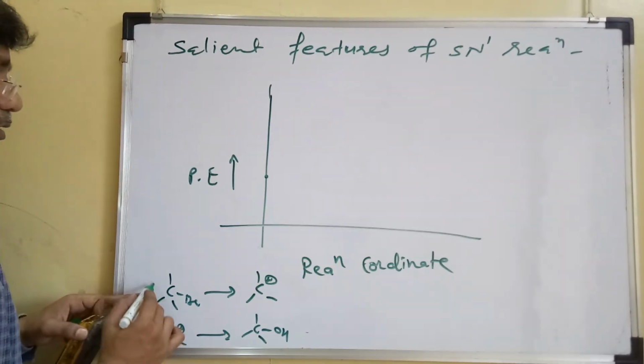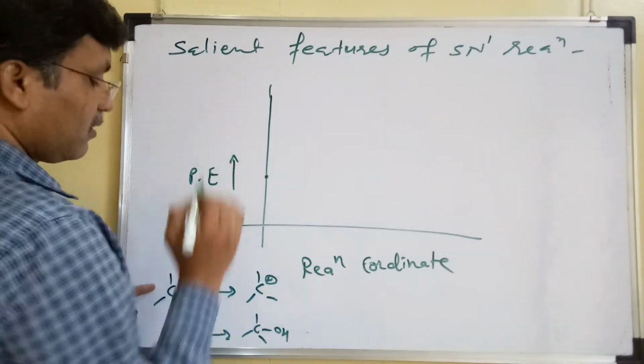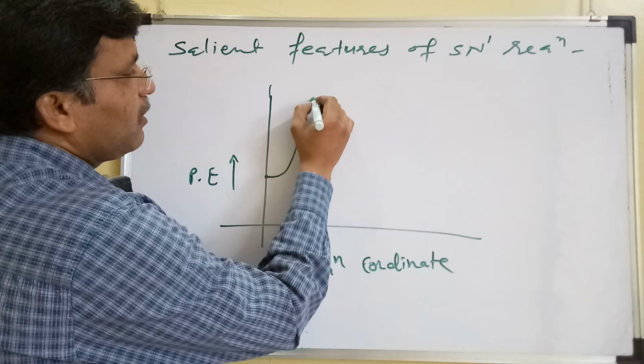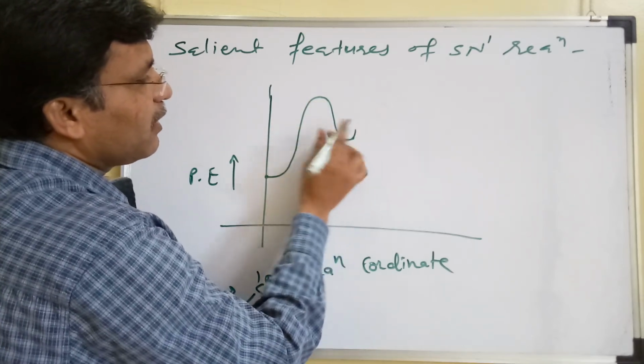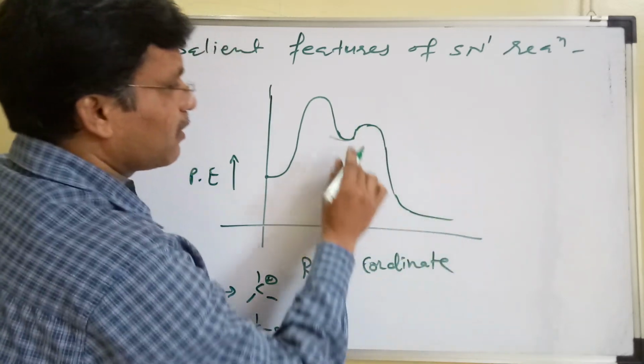So this is the substrate, which is converted into the first transition state and then the intermediate, and the intermediate is then converted into the product.